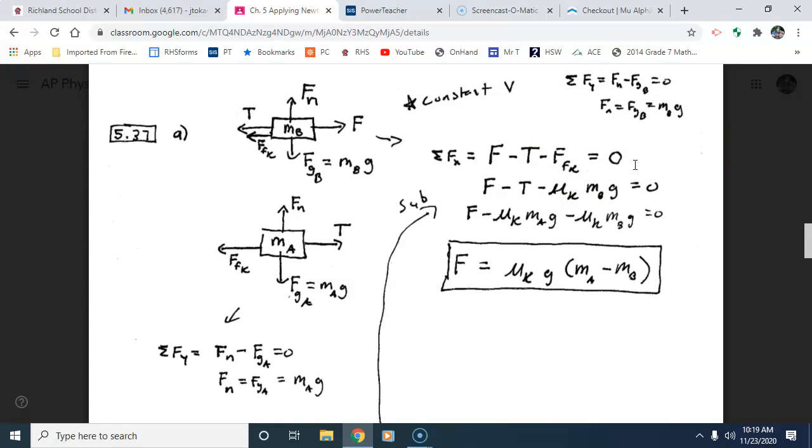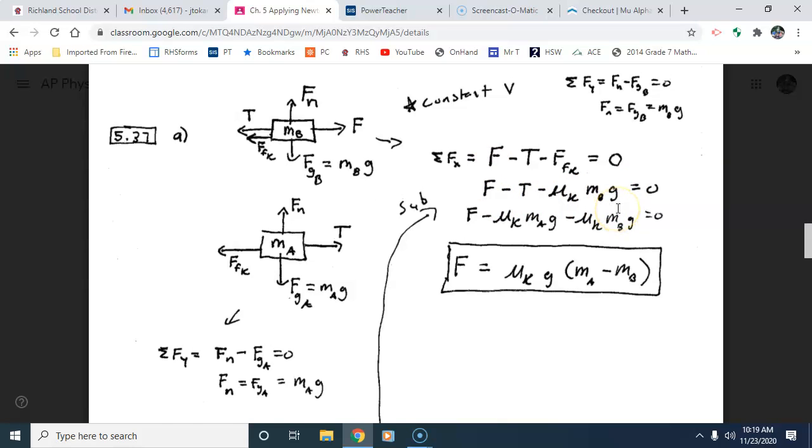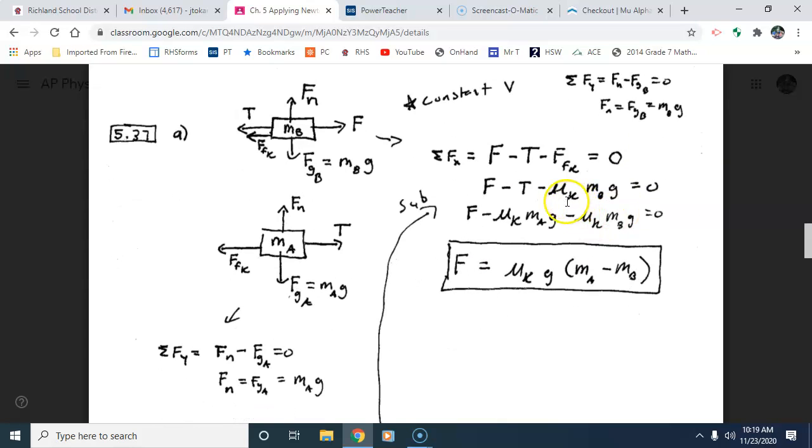The first goal is to find the magnitude of F. I could isolate F right now, but that gives me some things that I don't know. We do know that mu is the same, but I don't know tension, so I need to sub that out.